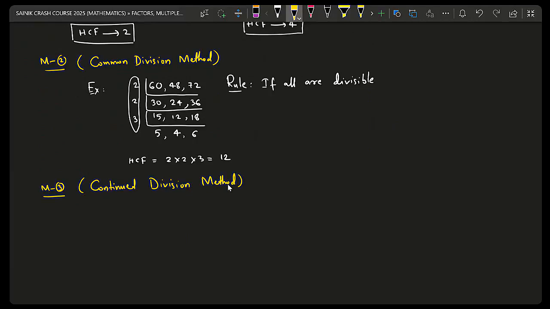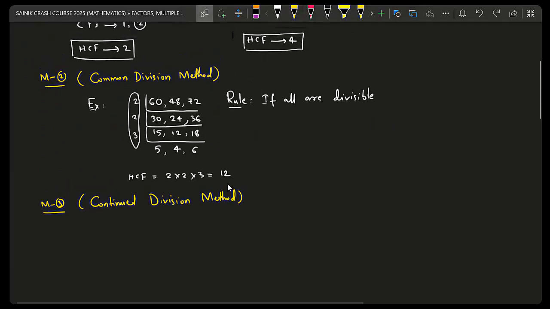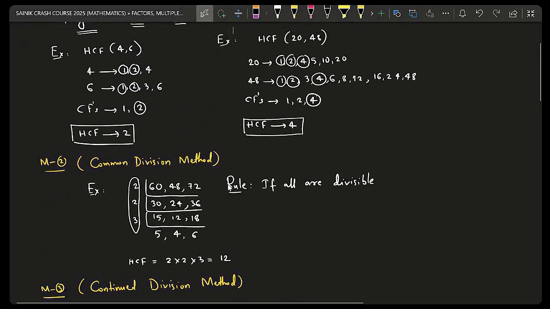If you want to copy, I'll be waiting. So first copy the first two methods.